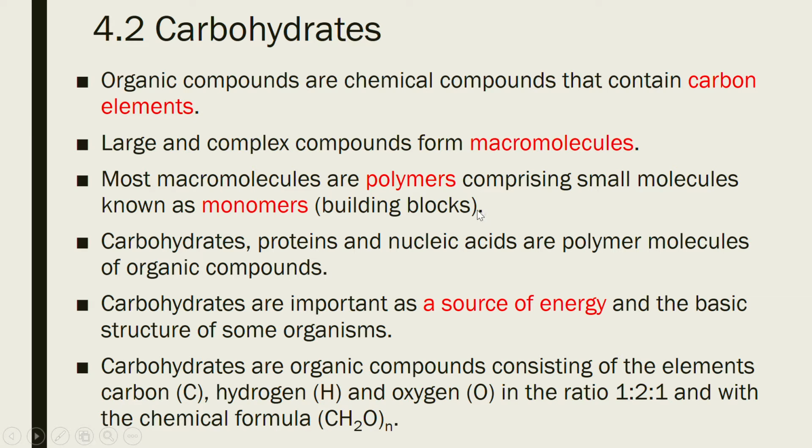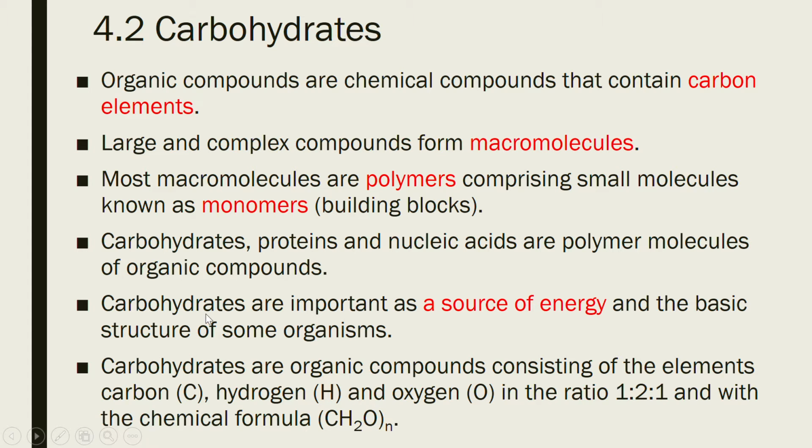As they join together, they form polymers, which are large. So carbohydrates, proteins, which we will look at later on, as well as nucleic acids are polymer molecules, consisting of smaller building blocks, monomers, of organic compounds.